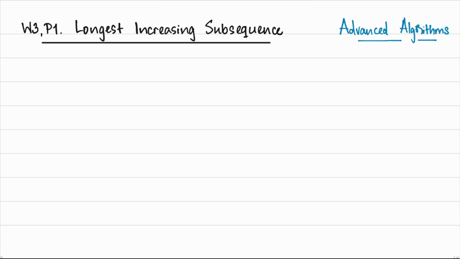As usual, let's set up the problem first. So what is the input? The input is going to be a sequence of numbers which we can think of as being stored in an array. So I'm going to say that we have an array A of, let's just say, integers.